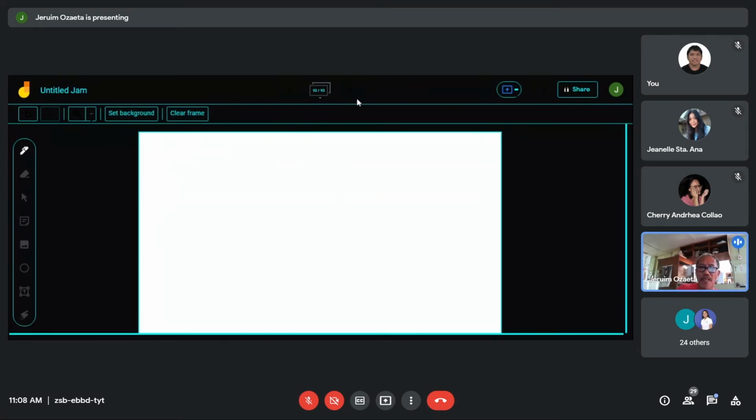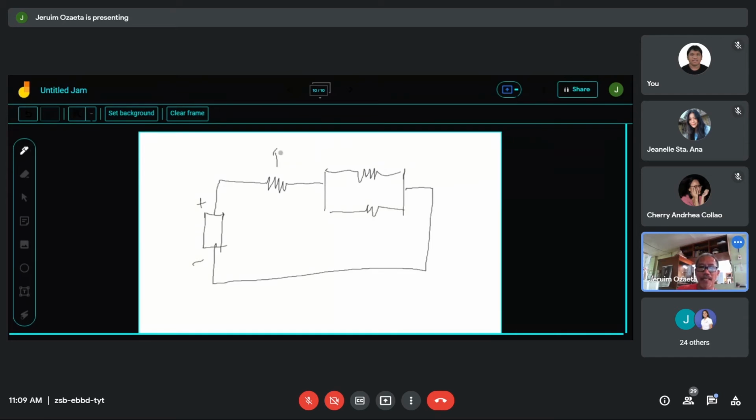Now, it's also possible that a circuit may be composed of both. So there is a resistor and another set of resistors such that they are in parallel. So R1, R2, R3.